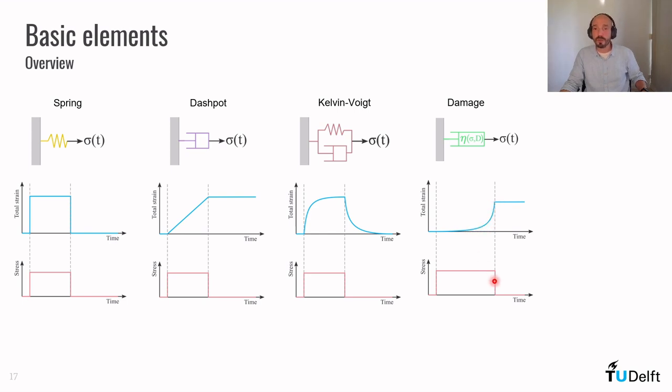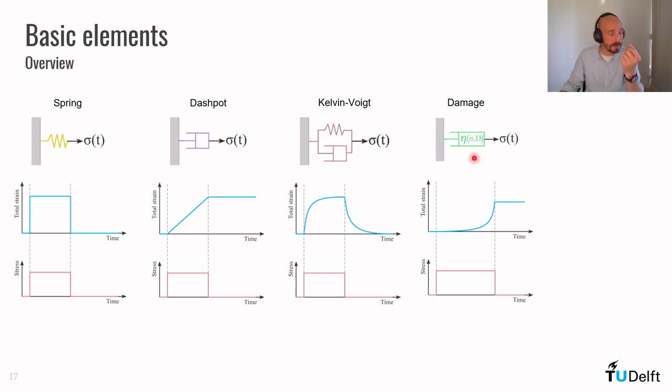And when we remove the load, it doesn't come back because it's a dashpot. It doesn't recover. And we can think of the viscosity of this dashpot as a function of not just the stress, because the stress is constant, but of something else that we call damage.